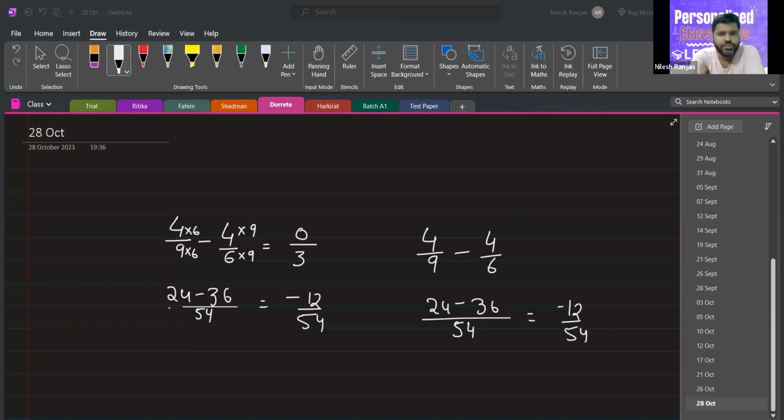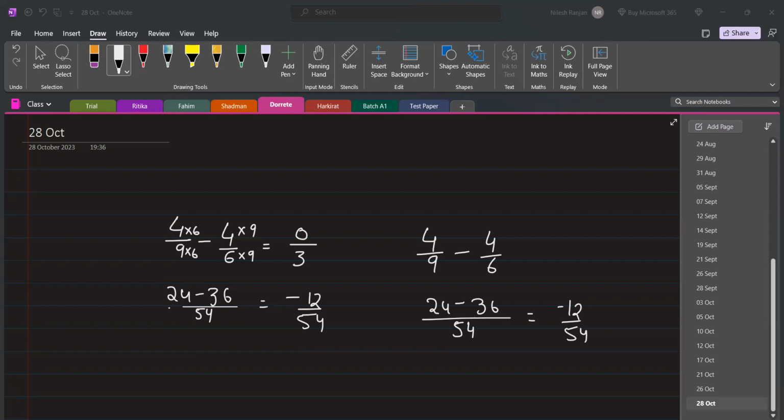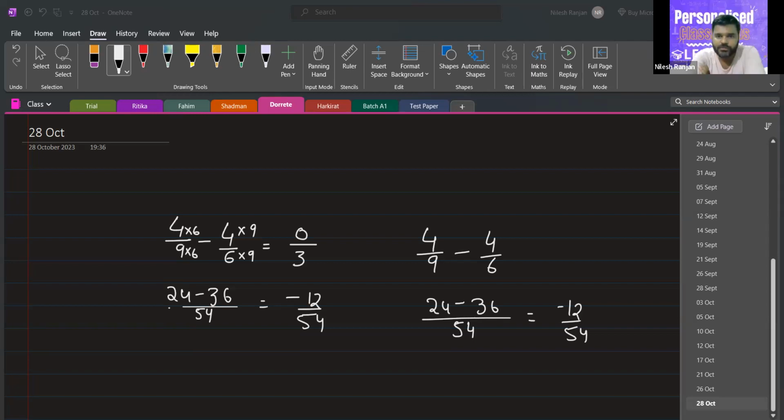Why did you change the fraction? 12 by 54, why did you change it to 12 by 18? Because I have taken the ratio as 12 to 6. But why not use 12 by 54? Any specific reason?